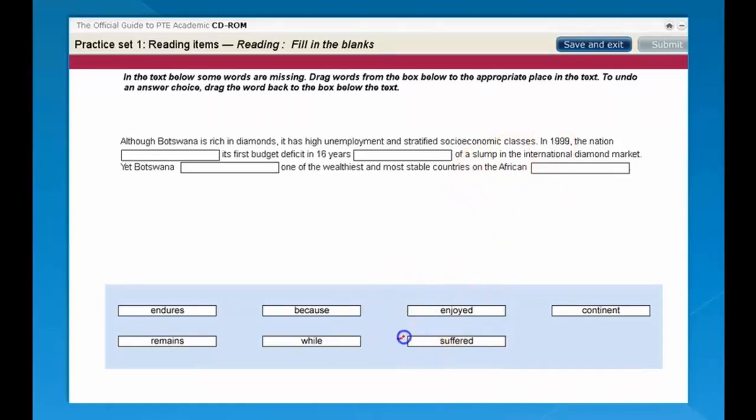So this will be the first one. The second one, its first budget deficit in 16 years, because would explain why it's having it, of a slump. So this will be number 2.